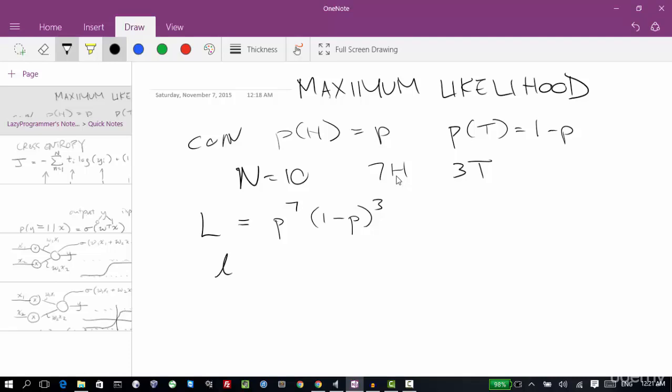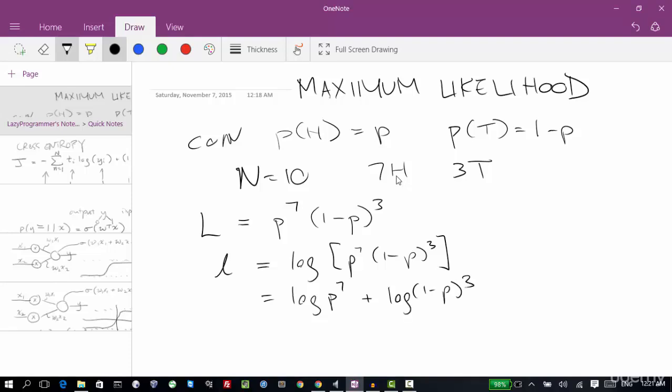We take the log likelihood, we use the multiplication rule, and the power rule.